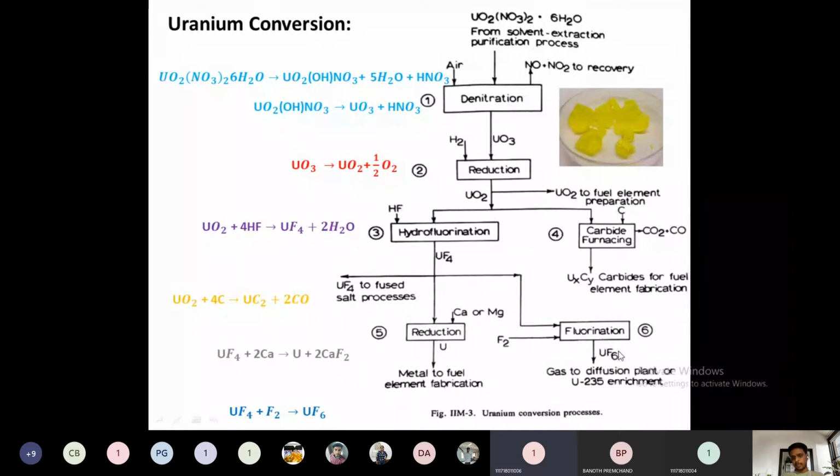Then this is uranium hexafluoride, UF6 is hexa. This is uranium carbide. This is calcium fluoride, CaF2. This is carbon monoxide, you already know that one. UC2 is uranium carbide. Just be vigilant in that one.